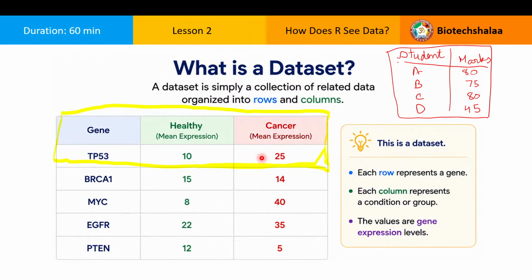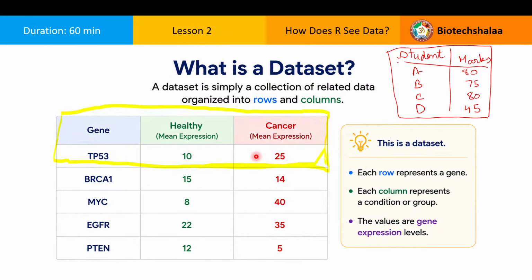And the second thing is interpretation. We are saying that TP53 is more highly expressed in cancer. This is our understanding of this data. The computer only gives us the data, but we are the ones who give it a biological meaning. This is the actual job of a bioinformatician.